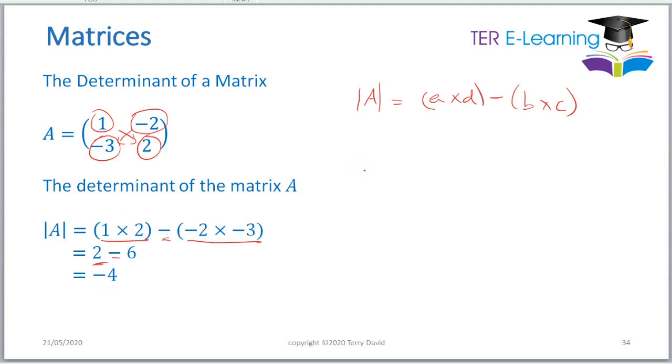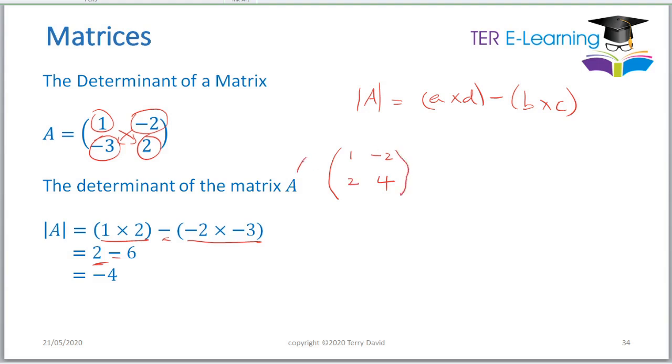So just to make sure we have this, I'll give you a 2 by 2 matrix now. Let's say 1, 4, minus 2, and let's say 2.